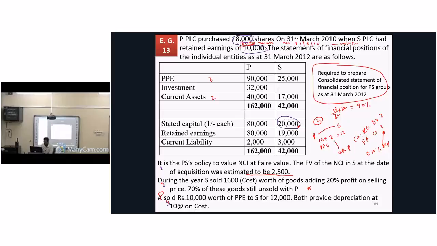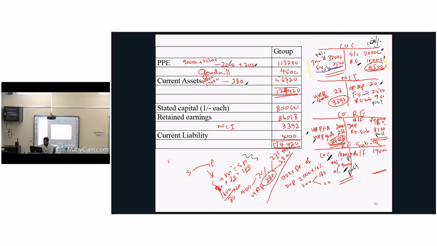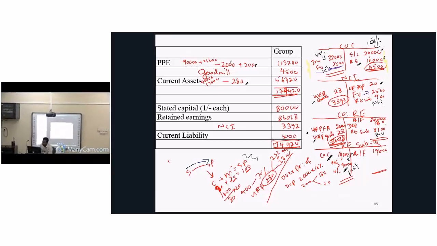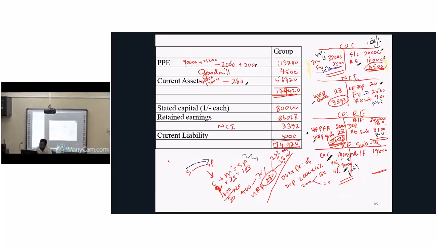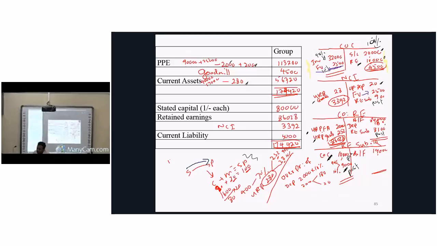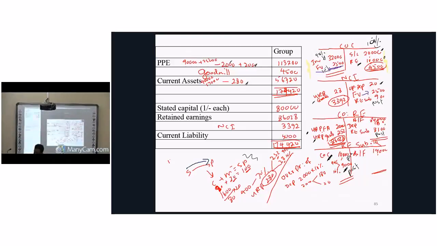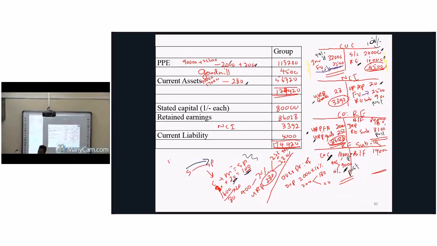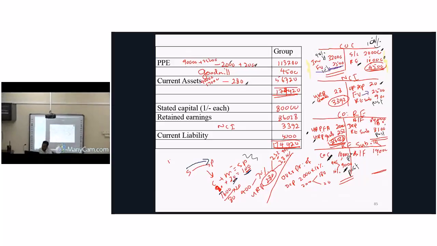So if I clarify the story here, I don't have space. Yeah, look, the subsidiary sold it to the parent. Their policy is to add profit on selling price, so selling price will be 100, profit is 20 and cost will be 80. The cost value given is 1,600.